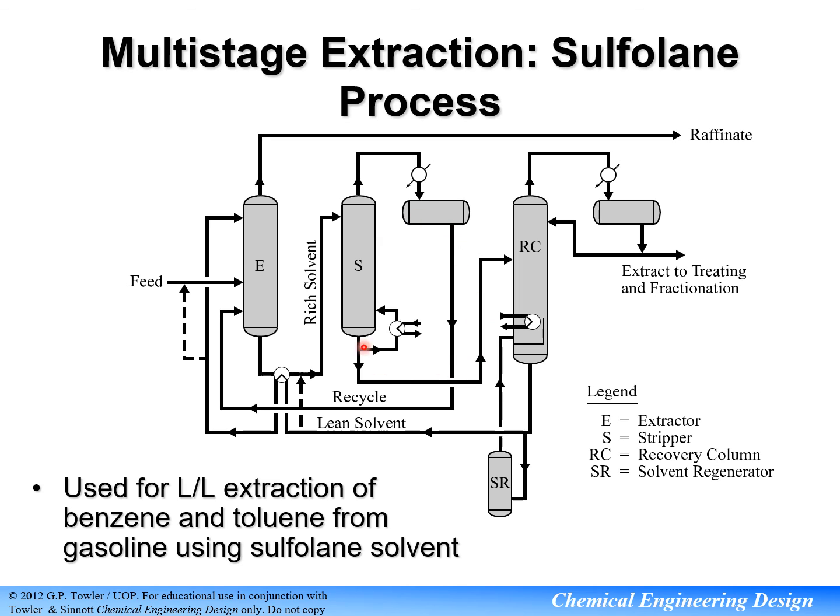Then the top product is recovered or recycled back to the extractor, and the bottom product moves to the next stage, which is the recovery column. After the recovery column, the product is extracted to treating and fractionation, and the bottom product is recycled back to the stripper, and some of it is recovered back to the extractor.